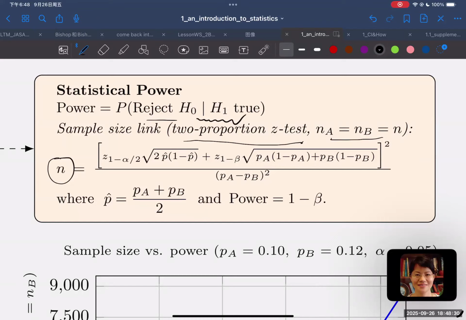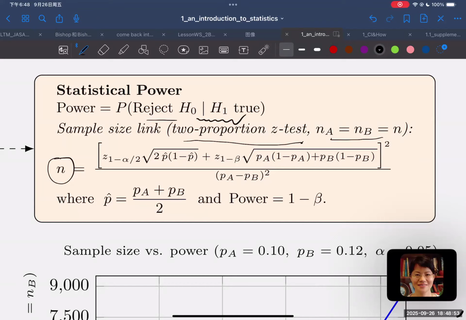One day, since you chose our program, it means you have a big chance to become a data scientist in the future. So when you have to deal with specialists, one thing you have to do is help them calculate the sample size.